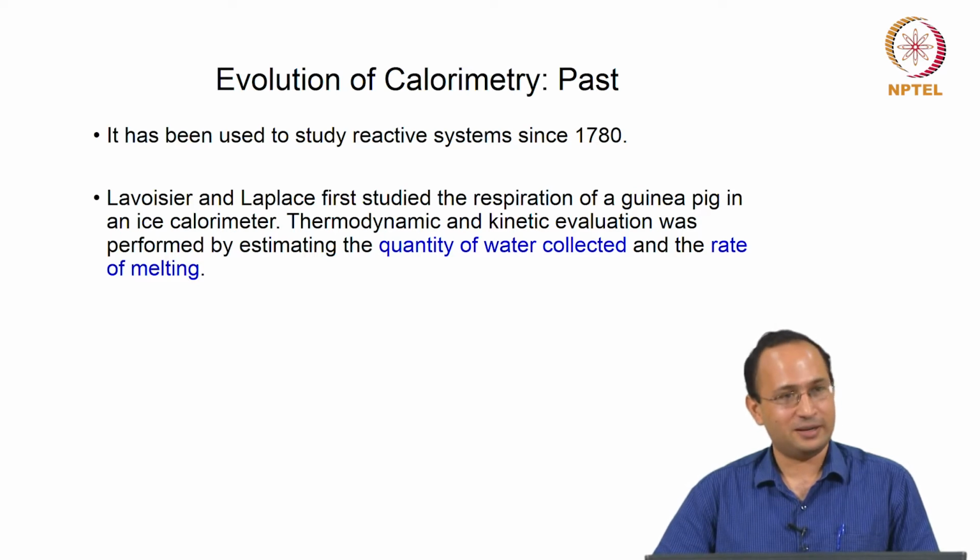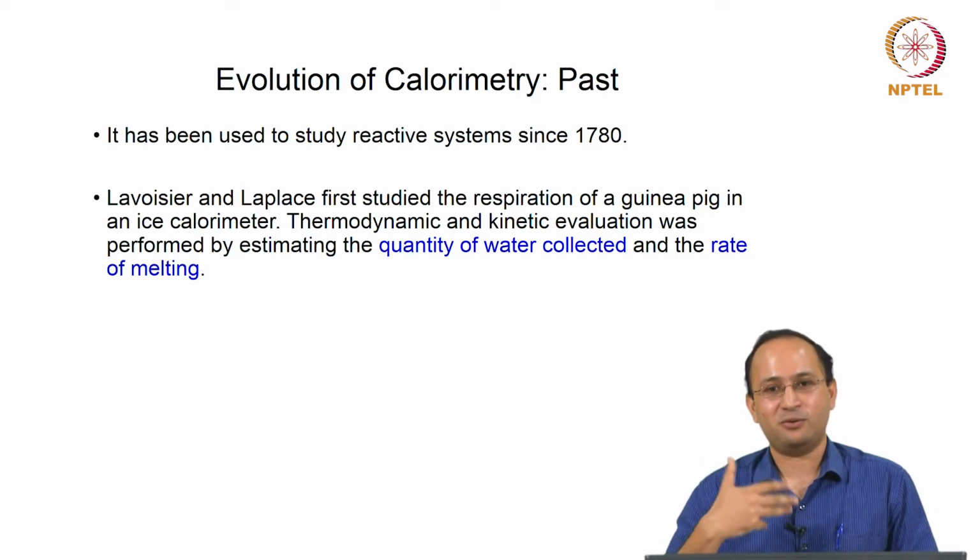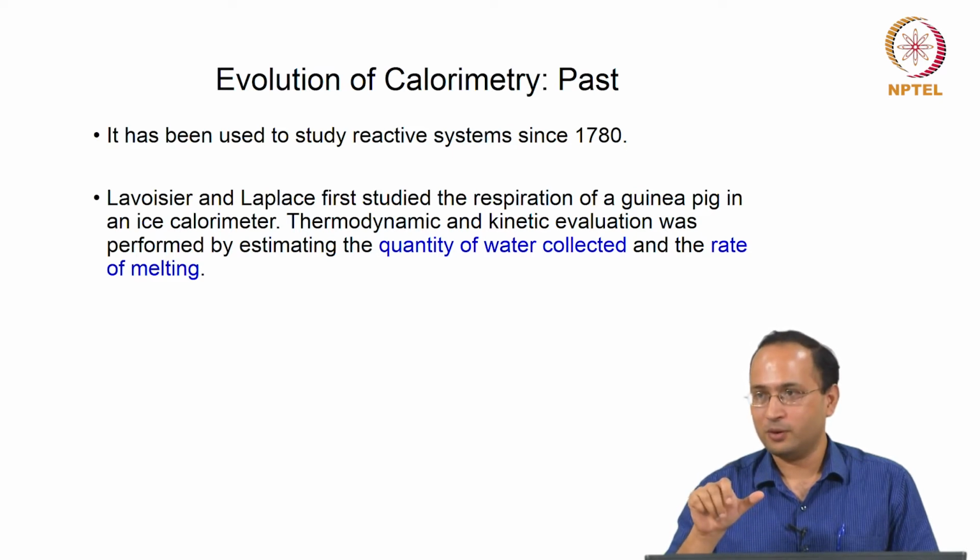The principle was looking into thermodynamic and kinetic evolution by estimating the quantity of water collected. As long as there is respiration, it will melt the ice, so they were quantifying the water which was being melted.